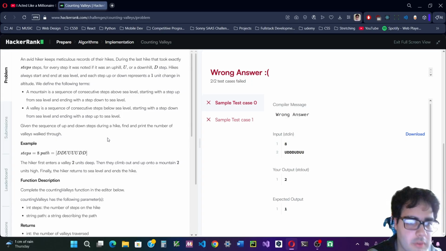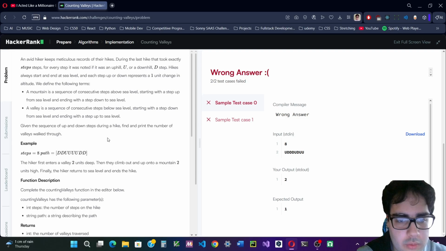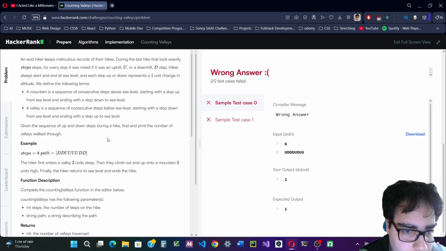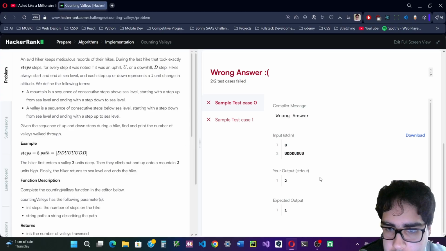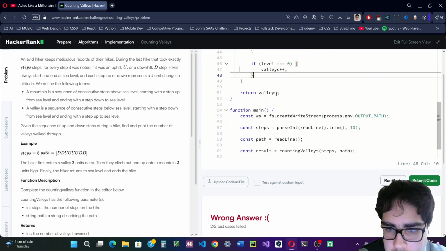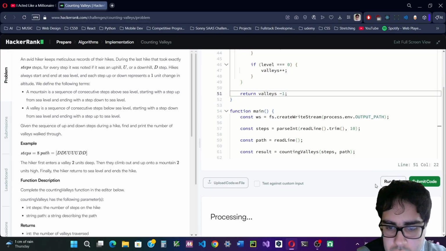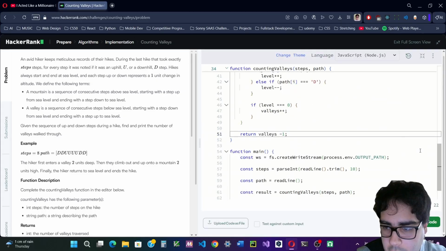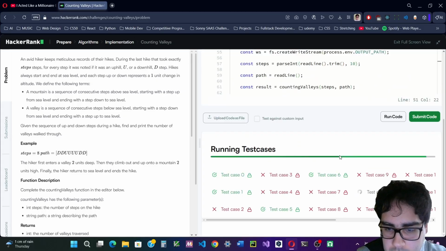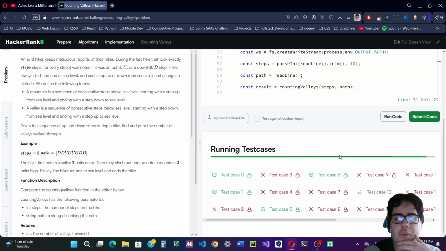This sequence is below sea level, we step down from sea level and we step up to sea level. But if I just, probably not go over it. Okay, yeah, it doesn't work. Doesn't work, doesn't work.